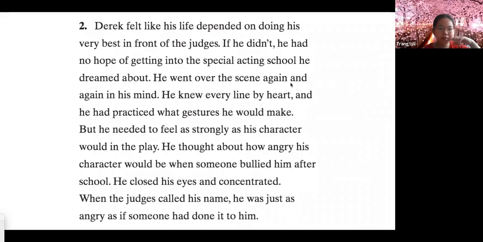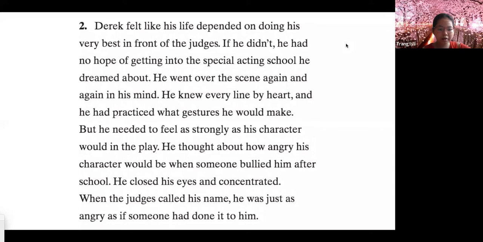Derek felt like his life depended on doing his very best in front of the judges. If he didn't, he had no hope of getting into the special scenes again and again in his mind. He knew every line by heart, and he had practiced what gestures he would make, but he needed to feel as strongly as his character would in the play.